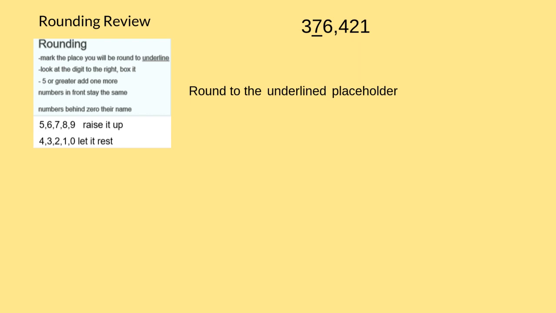376,421. Okay, now if you are a fifth grader who might not be feeling totally comfortable and confident with big number place value yet, then it might be a great idea for you to put this in your place value chart that you have or you're working with. One of the things that you can do, we can always start counting by our ones, our tens, our hundreds, our thousands, 10,000s, and 100,000s.